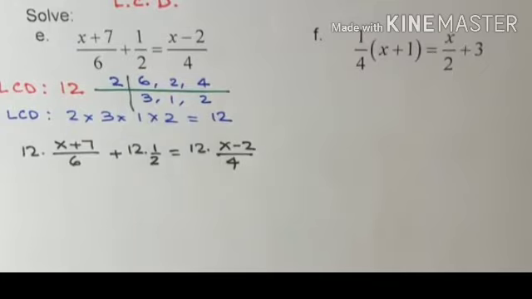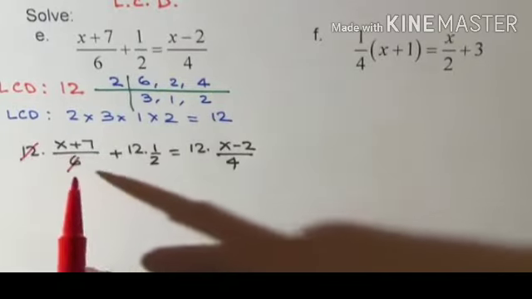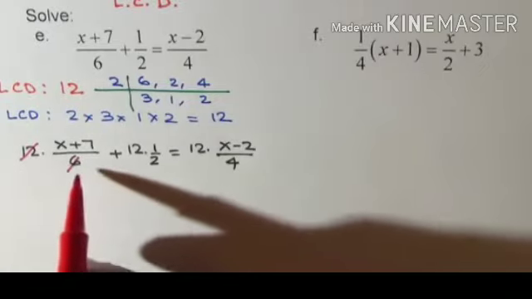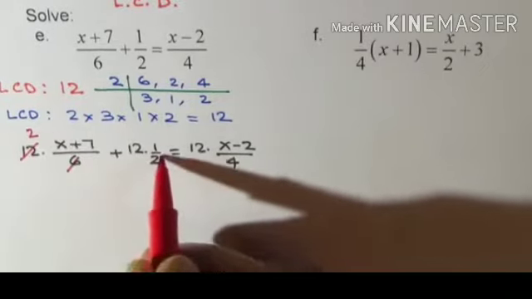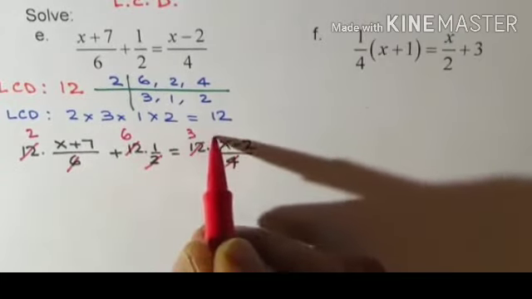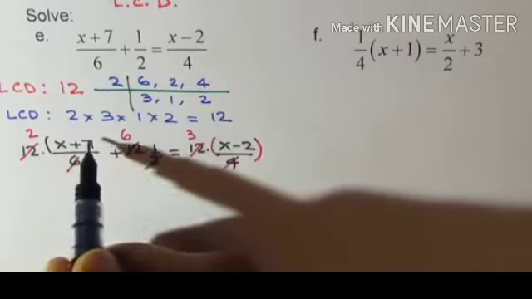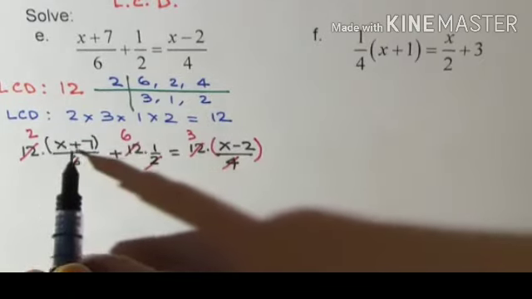As expected, all the denominators can now be cancelled with 12. So 6 goes 2 times, 2 goes 6 times, 4 goes 3 times. Now this 3 should be multiplied to both. Remember this part, right? Otherwise you will get a wrong answer. Same here, 2 has to be multiplied with both x and 7.